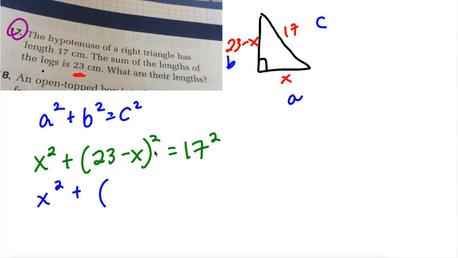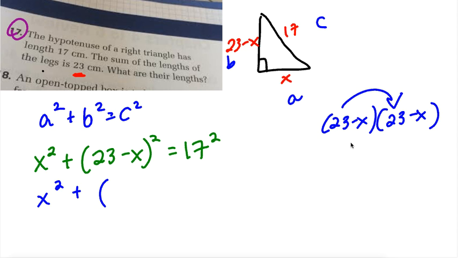Because 23 minus x, the whole thing squared, is actually 23 minus x times 23 minus x. So I have to FOIL that out. And when you FOIL it, you will get 529 minus 23x minus 23x plus x squared when you FOIL each piece out.